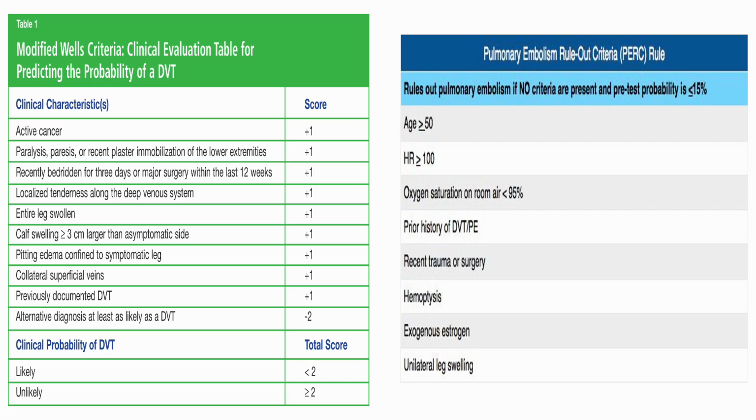There is certainly criteria to help us make these determinations on who we're thinking we're going to do workups on versus ruling out. So modified Wells criteria, as well as PERC rule. I've always seen everyone using the modified Wells criteria. That is generally always a test question on PANCE, the modified Wells criteria.